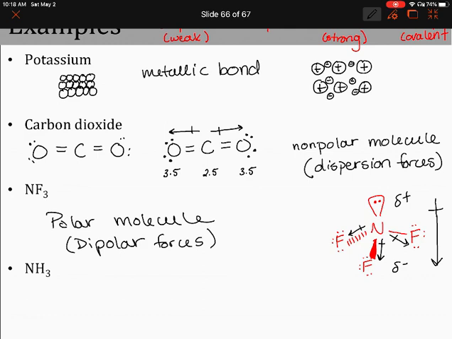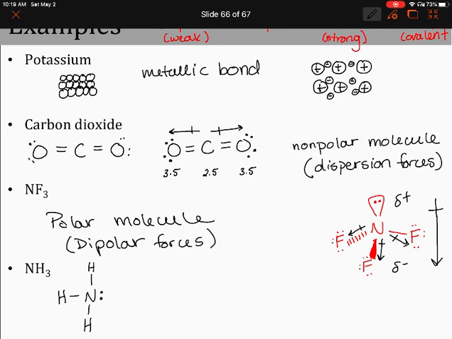Now for NH3, you might already be able to tell that NH3 is going to have a very similar structure to NF3. But this time, instead of fluorines, we have hydrogens. And each hydrogen only needs 2 electrons to be happy.